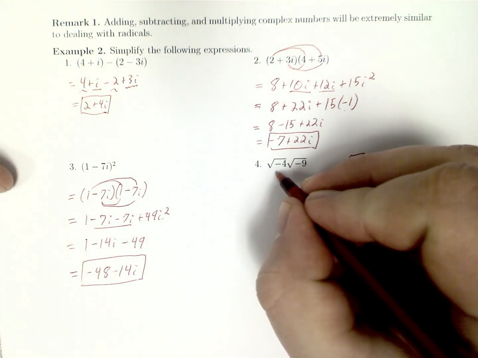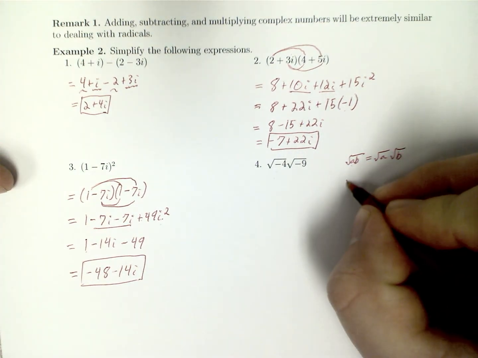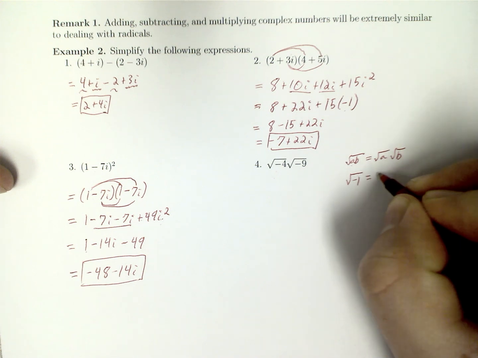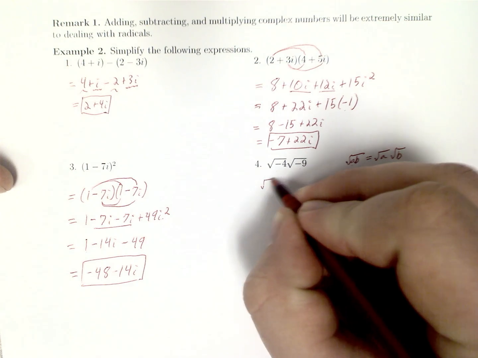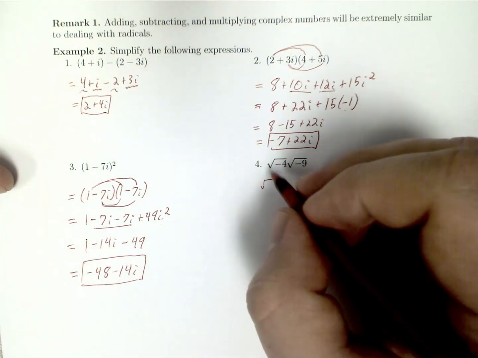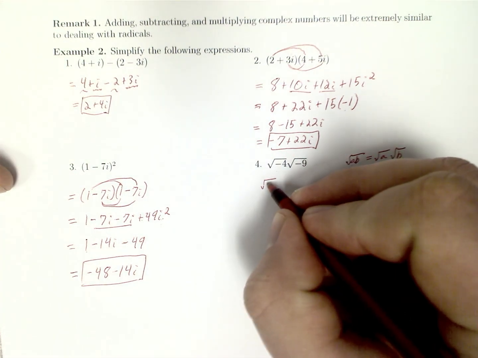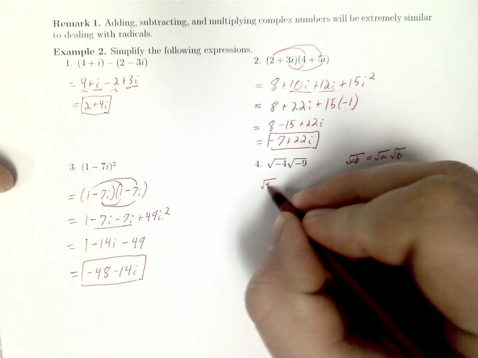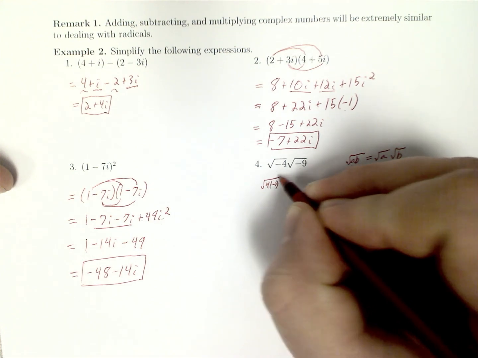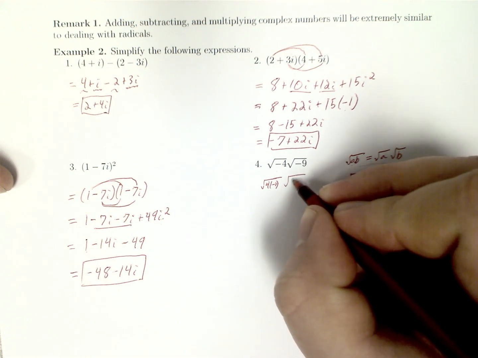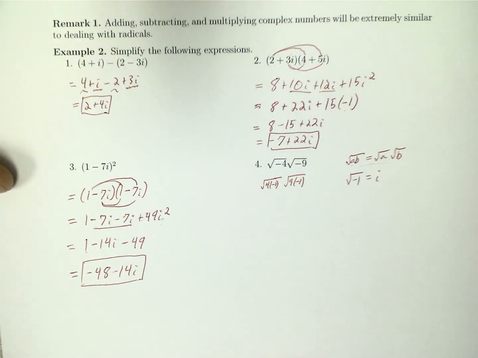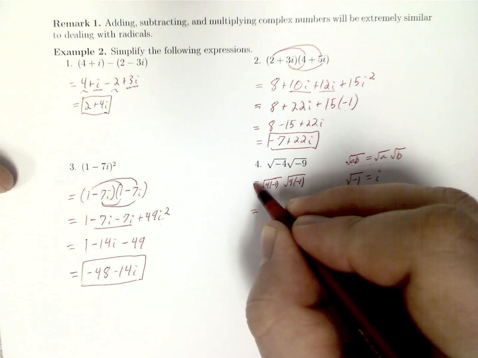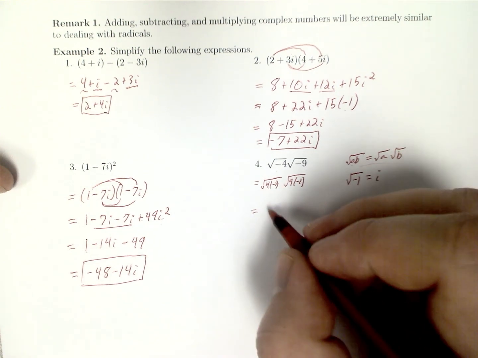But what we can do is remember that the root of negative 1 is equal to i. And we can use this idea but in a different way. So negative 4 is the same as 4 times negative 1. And negative 9 is the same as 9 times negative 1. And we can basically get rid of the negative 1 by pulling it out to be i.